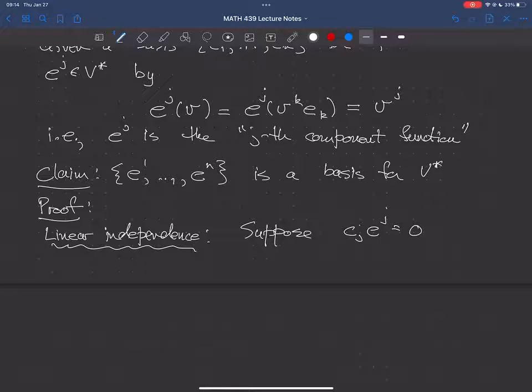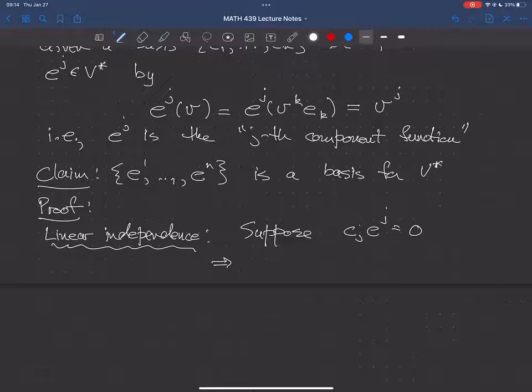And how I'm going to do that is I'm going to just evaluate this element of V star. Okay, so this thing is an element of V star, and what that means by definition is that it takes a vector in V and gives you a number. And so what I'm going to do is feed this thing a specific vector in V. And it's obvious what that specific vector should be, because there's only one collection of specific vectors we have lying around, and those are the basis vectors.